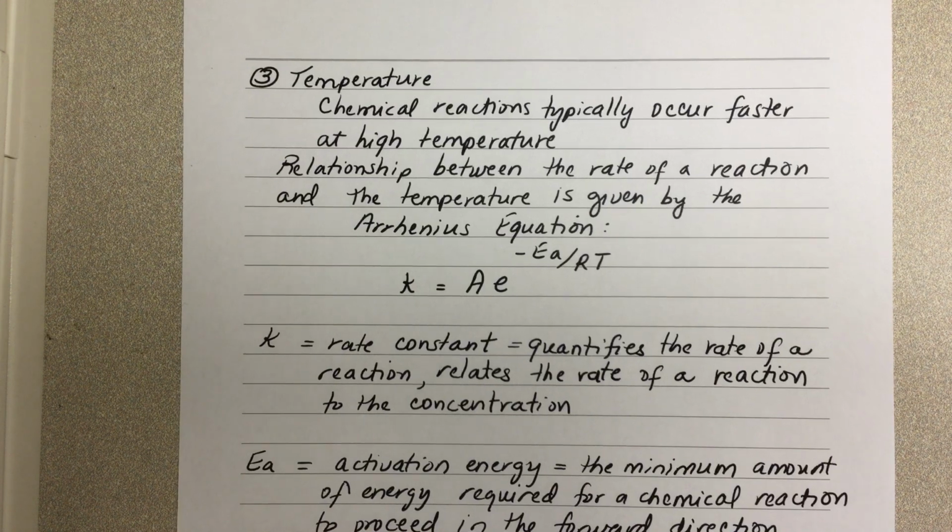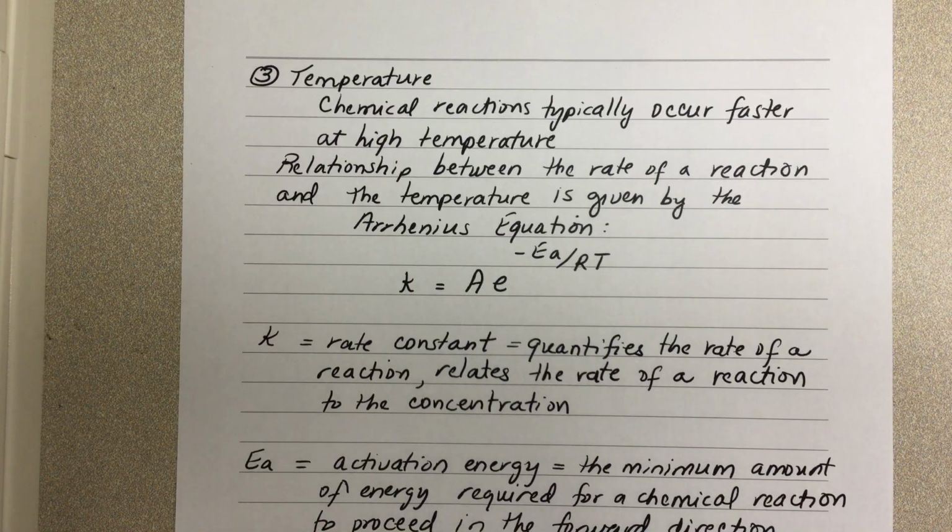When you're increasing the temperature of something, what is actually happening is that that substance is gaining kinetic energy, which is that energy associated with movement. So you can think of increasing a temperature and your molecules start moving faster because they have more kinetic energy. Since they're moving faster, you're going to have more collisions, which can result in a higher number of proper collisions and in a faster rate.